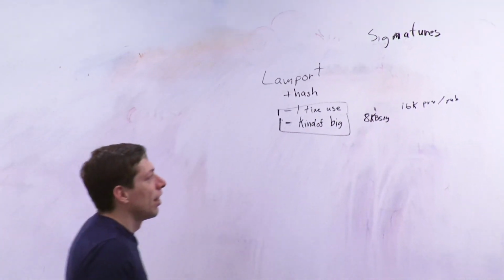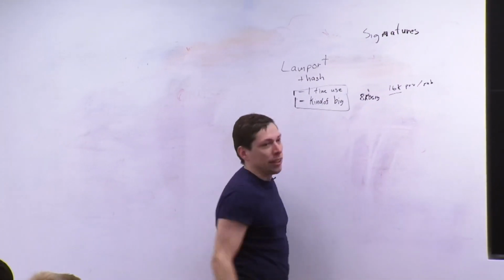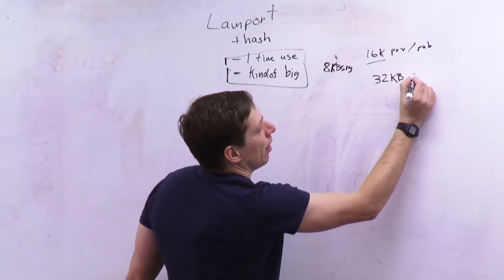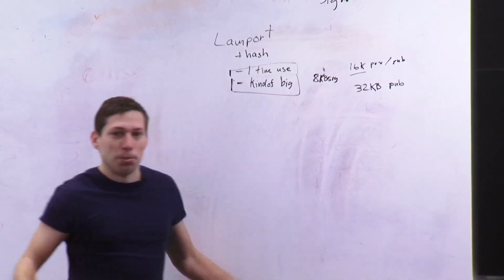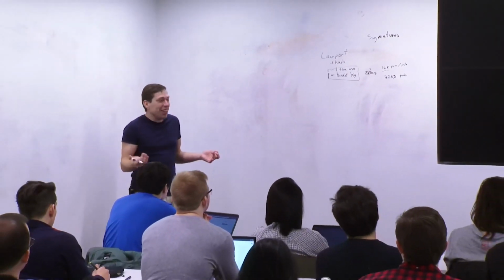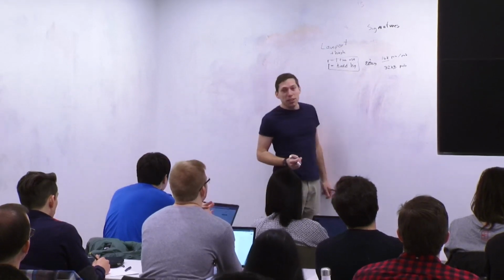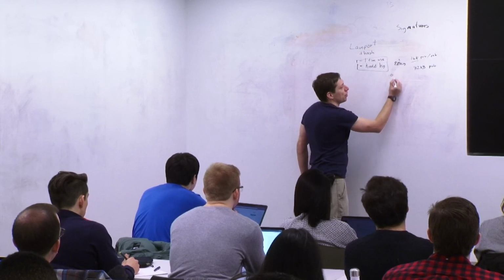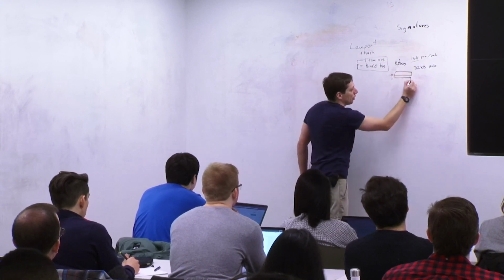So you could say, well, I've got this 16 kilobyte public key. I'm going to make a 32 kilobyte public key, and it's just two public keys stuck together. Now when I make a signature, I just put an extra bit in the front. I say this signature is using key 0, or this signature is using key 1, and it's got the whole signature after.